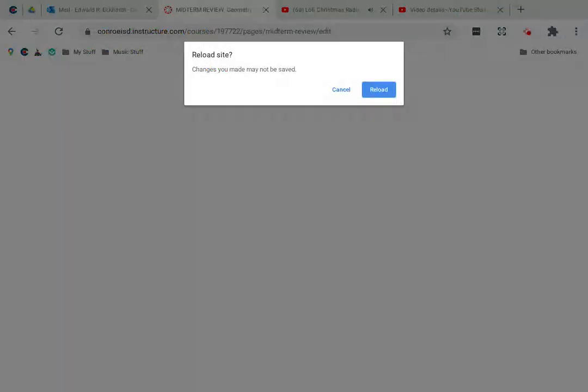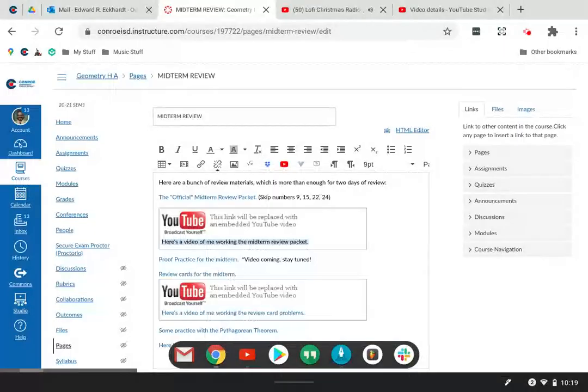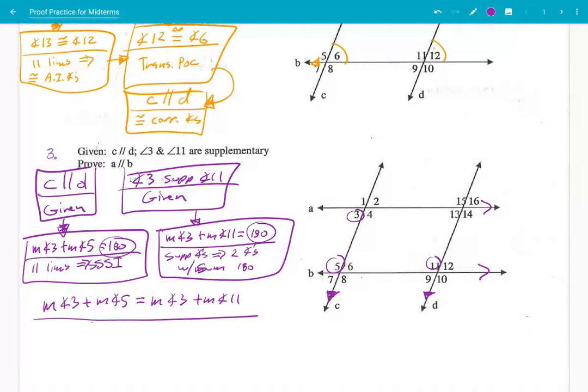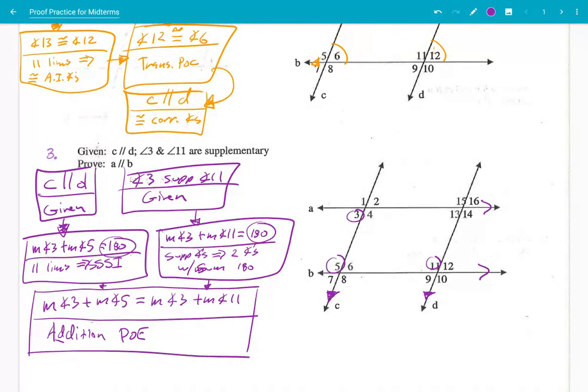Reload site. What is going on here? Okay. So we just added it, and we can cancel the measures of angle 3. Those will cancel. So now we have the measure of angle 5 equals the measure of angle 11.